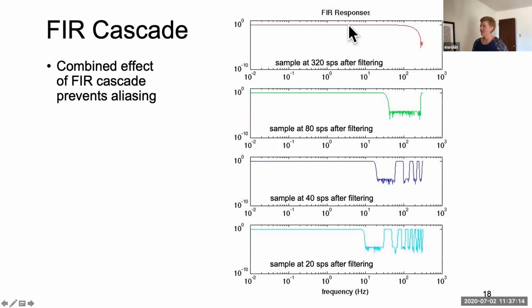So we start with a signal. In this case, it would be sampled at 320 samples per second. We filter it and resample, filter it again and resample, filter it again and resample. In this case, the end sample rate is 20 samples per second. So this avoids having high frequency signals aliased into the frequency band that we're actually interested in.